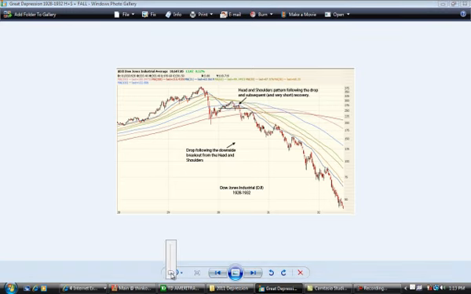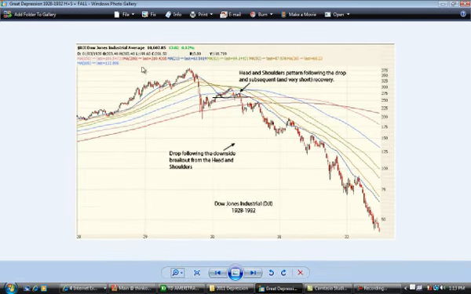Now this is what happened from that head and shoulders break. We had the run up. This is the Dow Jones 1928 to 1932. We had the run up to the ultimate peak at 380 on the Dow. Then we had a nice recession, just like we have in our market. Then it bounced back up from recession and formed a head and shoulders pattern right here that we zoomed in on before.